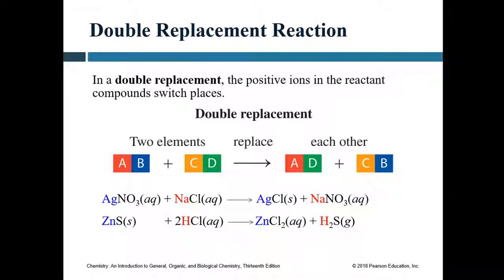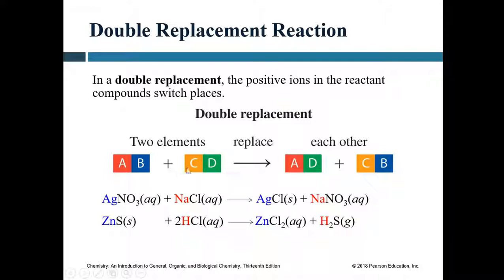Now in a double replacement reaction, the positive ions in the reactant compounds switch places. So we have two ionic compounds, and our A is going to hook up with our D, and our C hooks up with our B. You may ask why we have CB and not BC on the products.